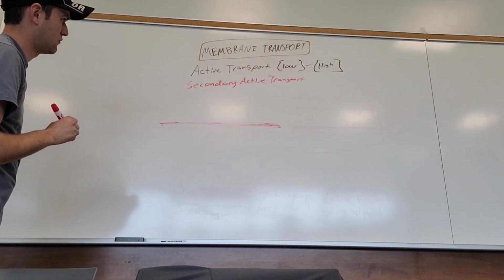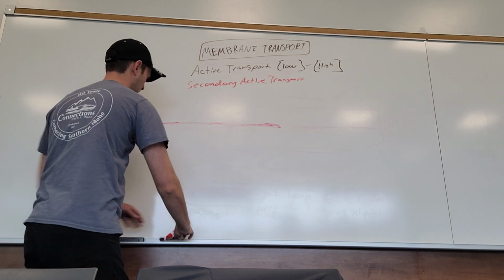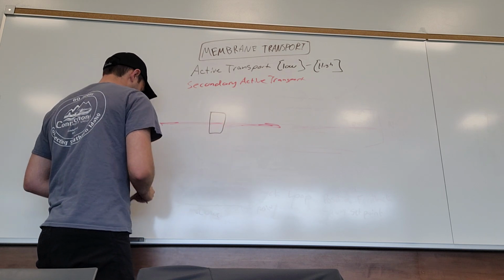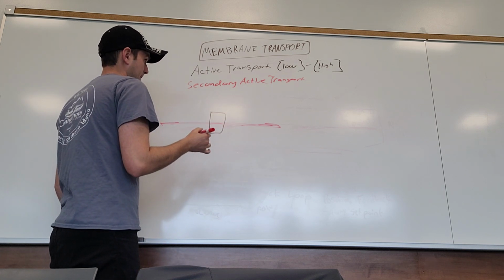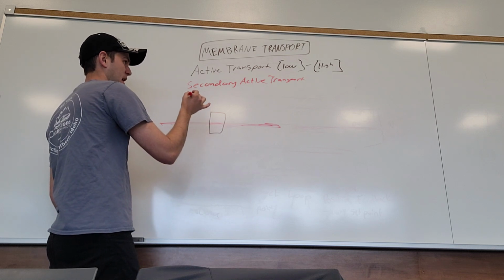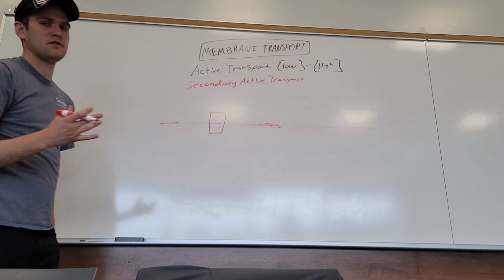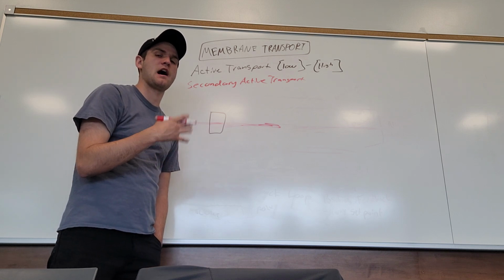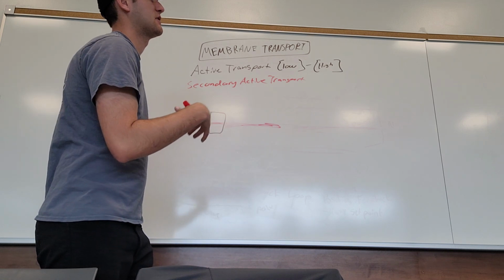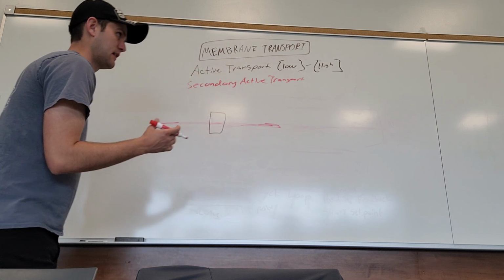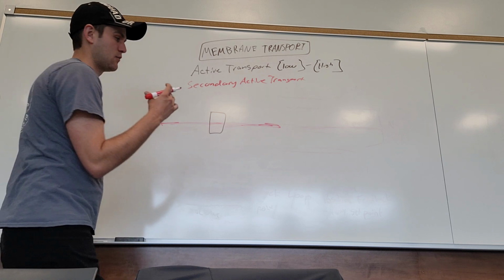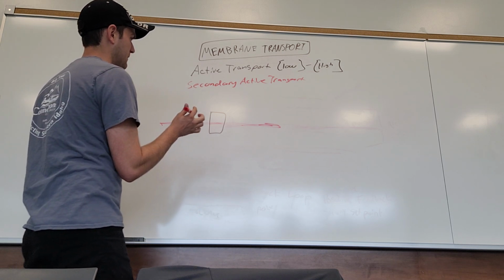Now let's draw our little pump here. So with secondary active transport, what we're using is the gradient of another material, another ion or solute, and the energy from the movement of that gradient is what's going to power the other gradient to move from low to high concentration.